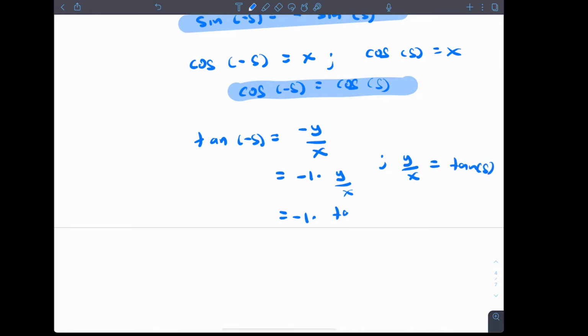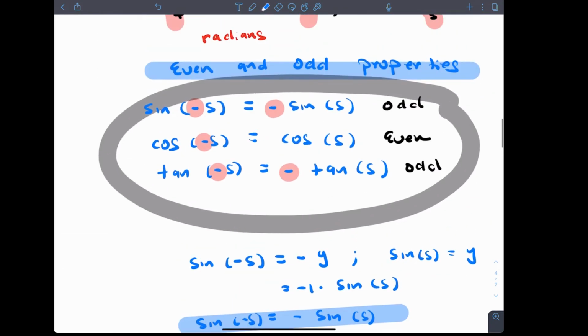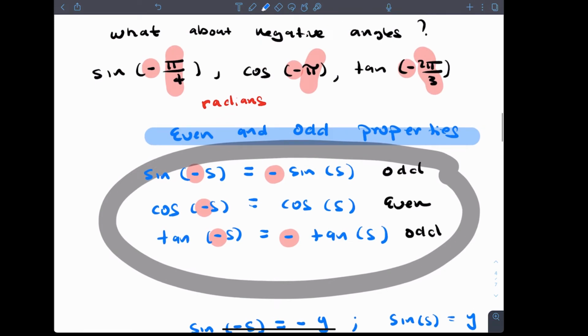So this is going to be tangent s. So now we have that minus tangent what s. So they're just going to define it that way for us, only because the y coordinate now is opposite. So the y coordinate being opposite changes everything when you go a negative angle. Now, this is a proof of what the book calls even and odd properties. Okay? So this is the proof of this.